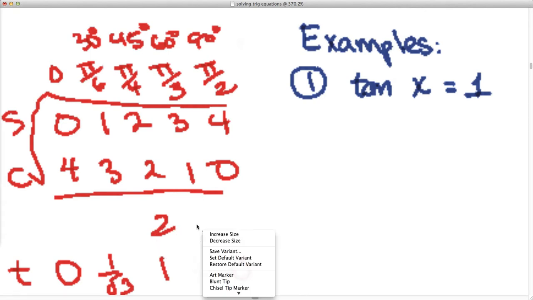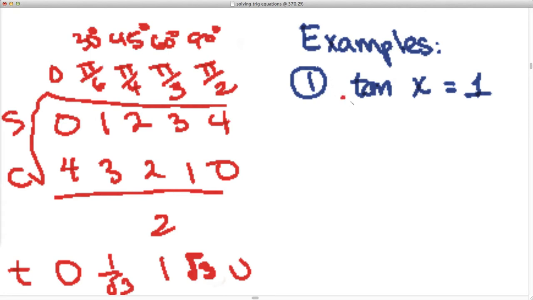So let's look at this one. This one says we need a function that has a tangent of 1. We already see that there are no numerical coefficients in front of the tangent here. Nothing added, subtracted, so we can tan inverse both sides.